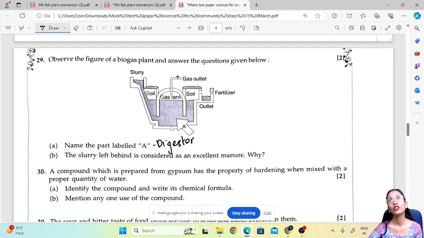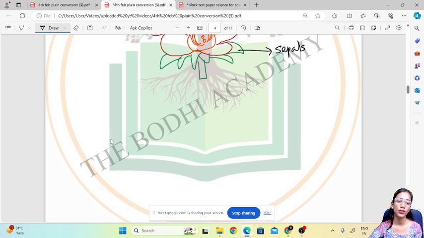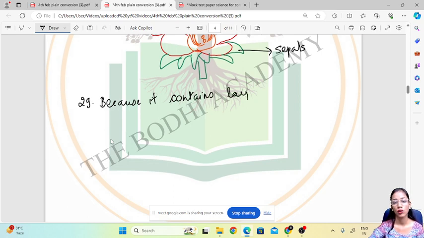To become a manure, the very important nutrients it should have are nitrogen and phosphorus. So we have to write over here that it contains a large amount of nitrogen and phosphorus, or it is rich in them.